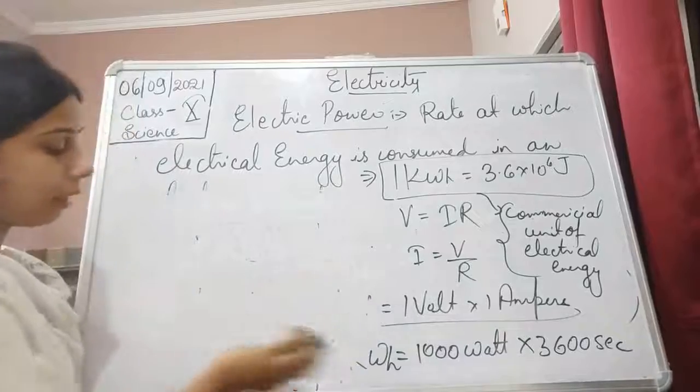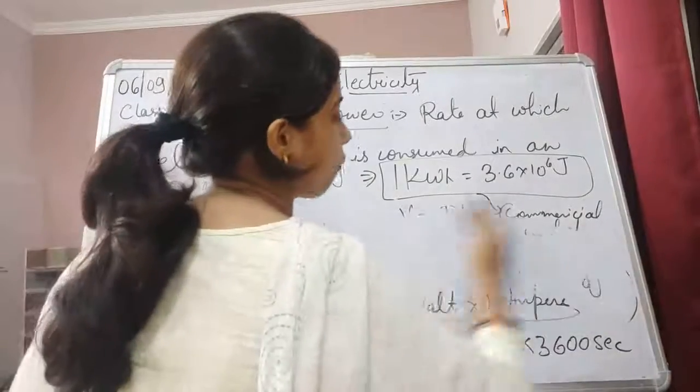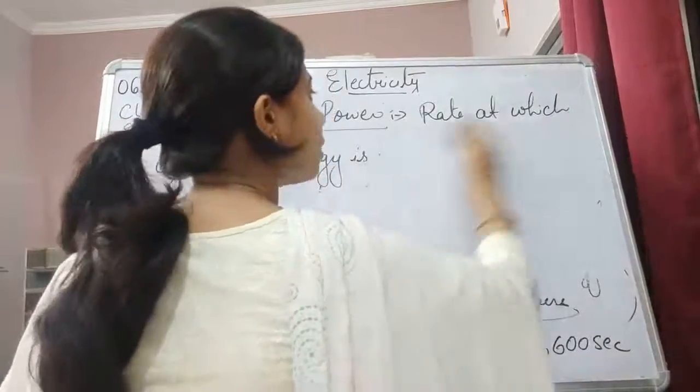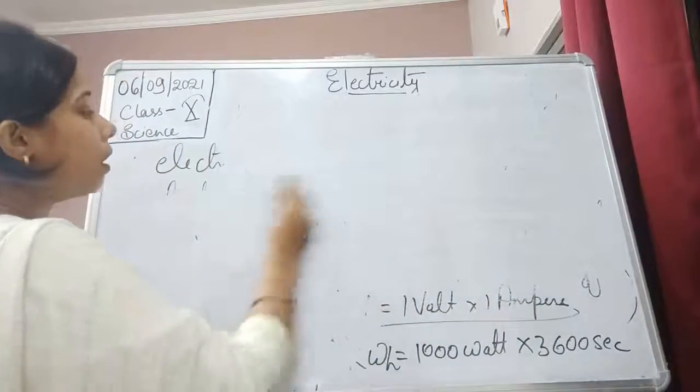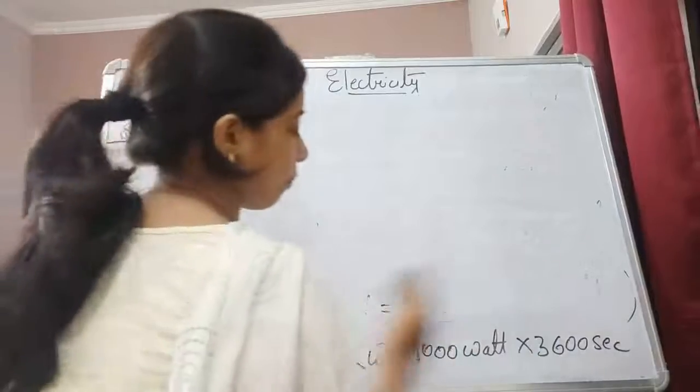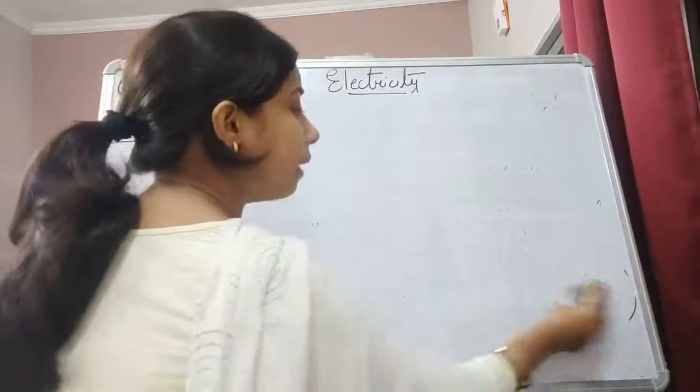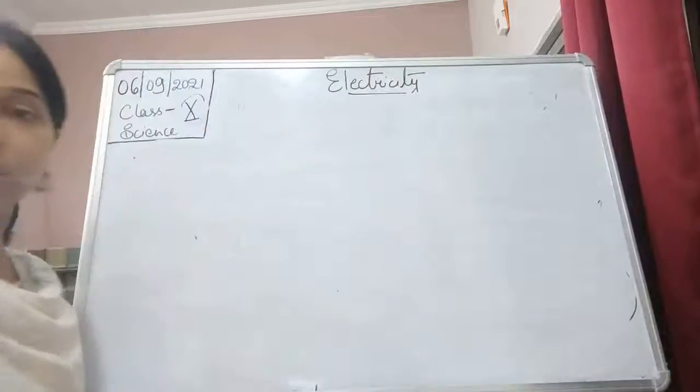In the case of the heating effect of an electric current, we have seen the applications of the heating effect of electric current. But now let's look at how we can find the heating effect of an appliance.